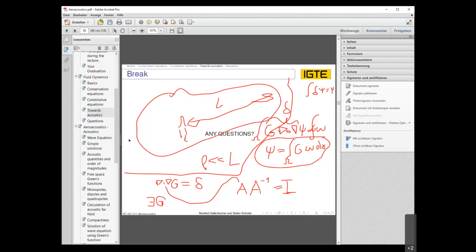So that's how we come up with the equation down there. So I guess Green's function is more or less now clear. It's just the inverse of a PDE.